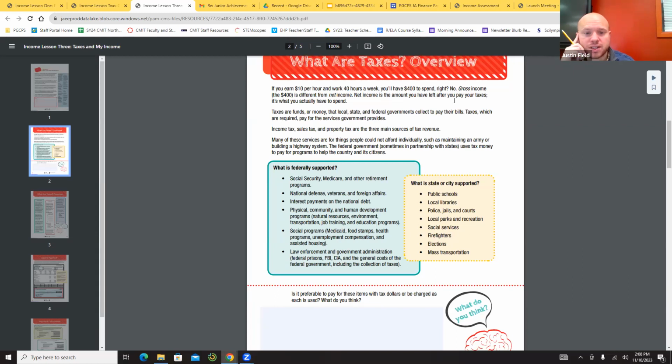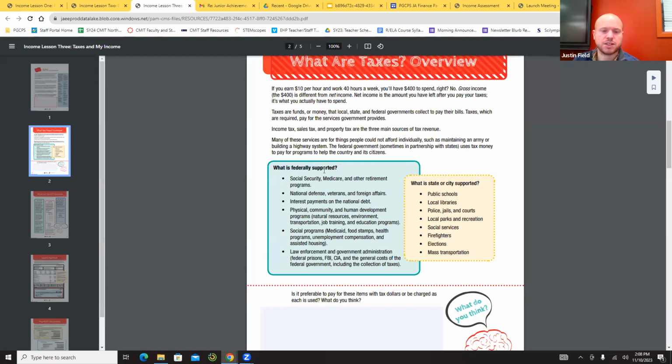Many of these services are for things people could not afford individually, such as maintaining an army or building a highway system. The federal government, sometimes in partnership with states, uses tax money to pay for the programs to help the country and its citizens. All right, so that's important, armies and highway systems. Those are some of the reasons we pay taxes.